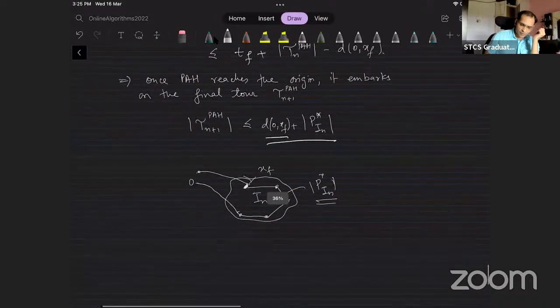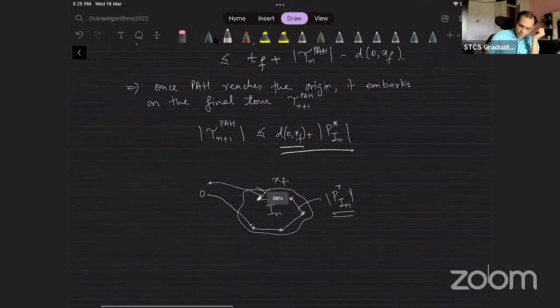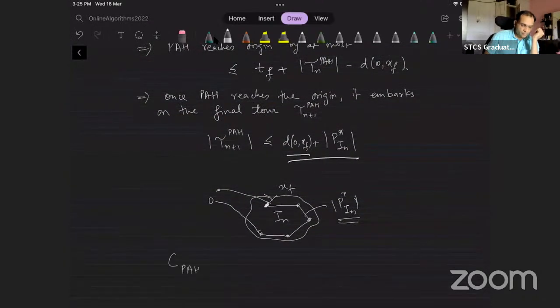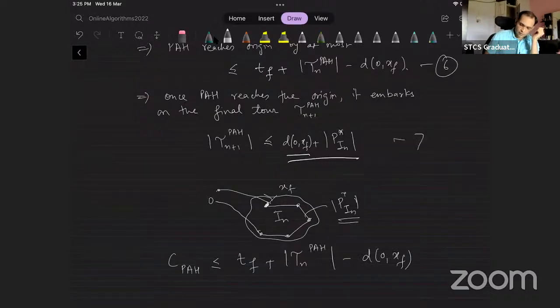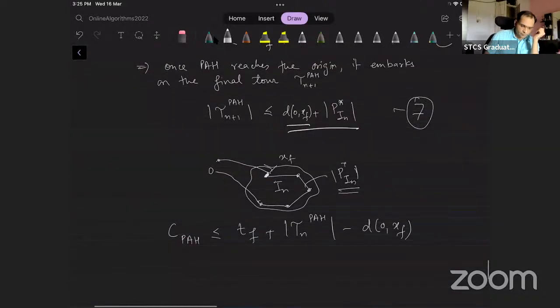So in total, how much have I paid? The cost of PAH is at most TF plus TN PAH minus D of 0, XF. That's what we just did. And then plus T n plus 1 PAH. Everybody agrees? Now I'm going to use 7.